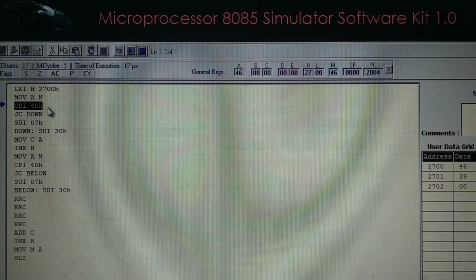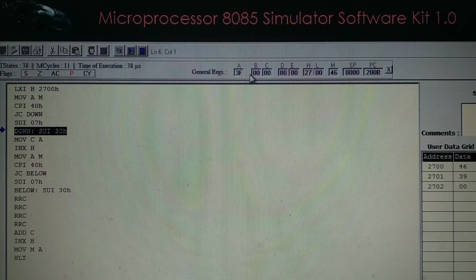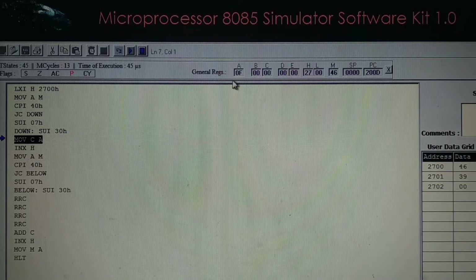It is compared with 40. Carry flag is not set, therefore first subtract 7, you get 3F, and then subtract 30, you will get F. Move this to register C, therefore you will get here 0F.